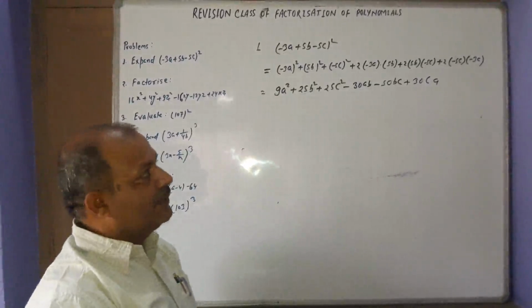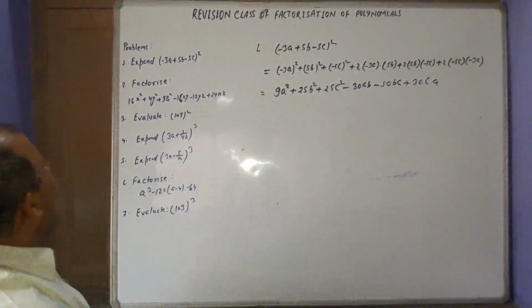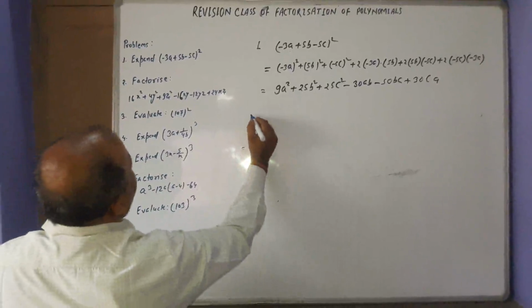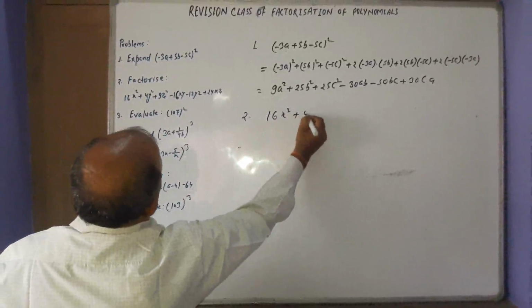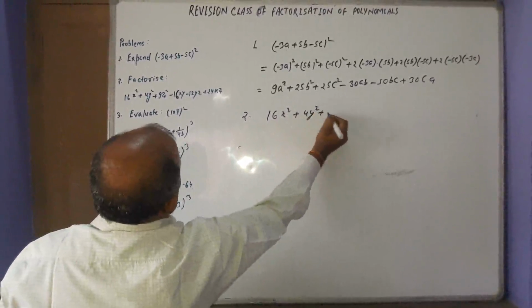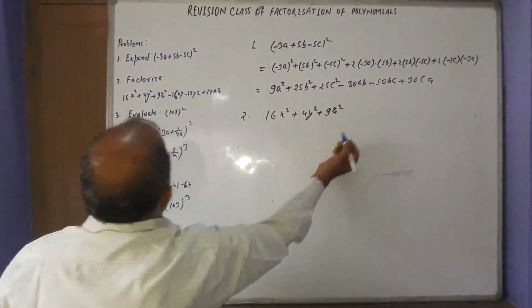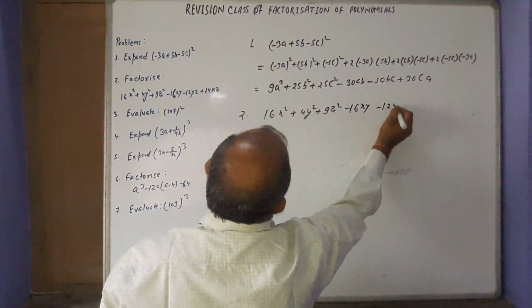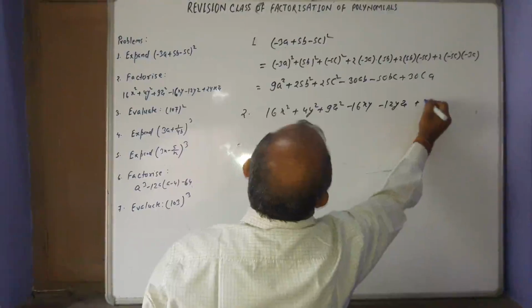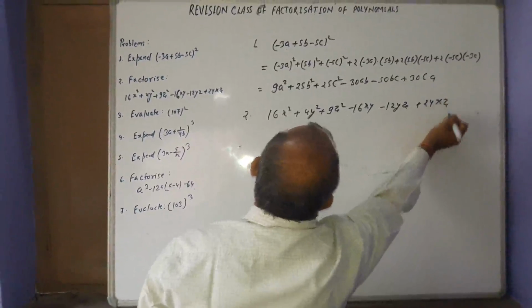This is the expanded form of this expression. Now the second problem. In the second problem we have 16x² plus 4y² plus 9z² minus 16xy minus 12yz plus 24xz.